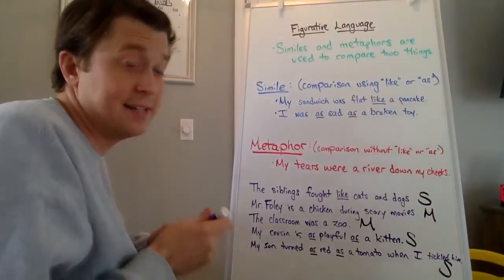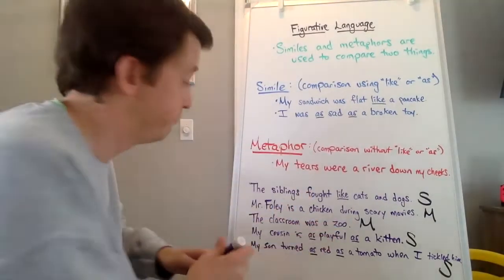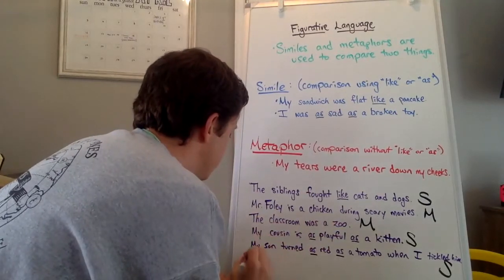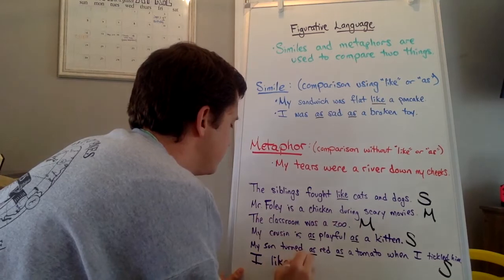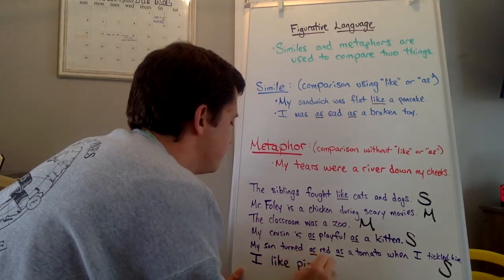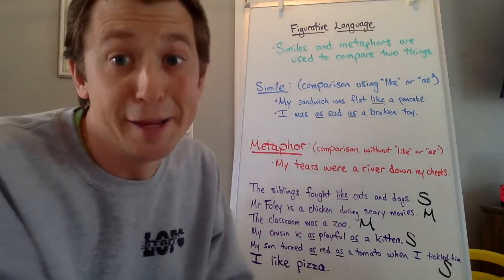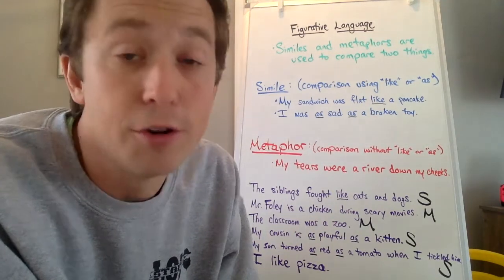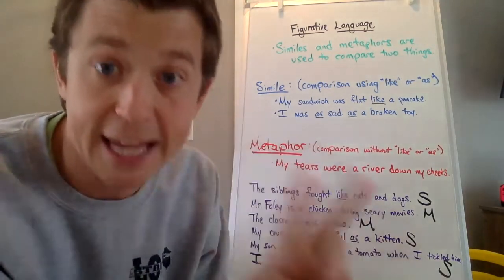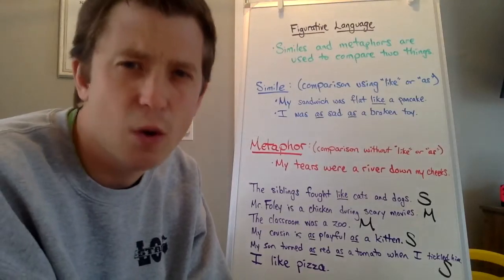Now, I had one sentence I forgot to write down, but I am going to write it right now. Now, my last sentence, I want you to tell me simile, metaphor. What do we think? Now, my last sentence is I like pizza. And now, first of all, that is also a true statement. Secondly, let's look. Is it a simile or a metaphor?